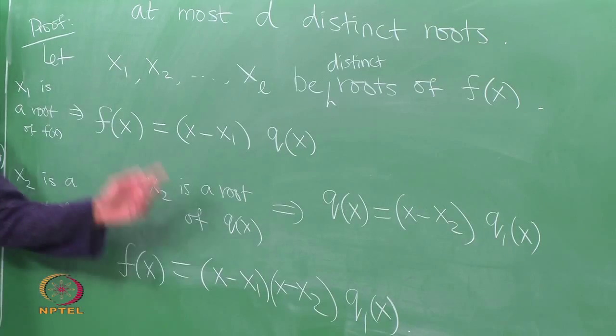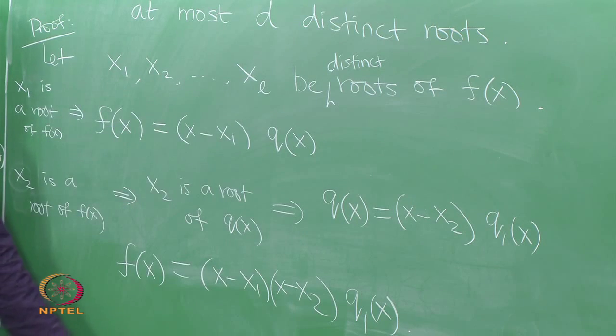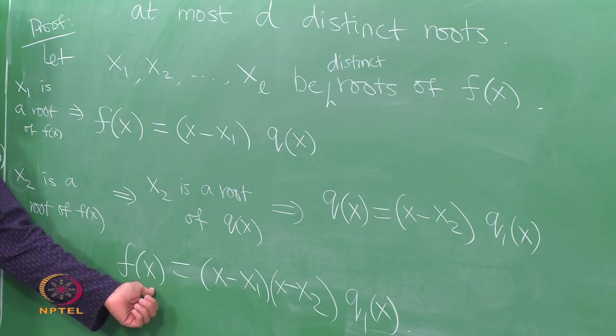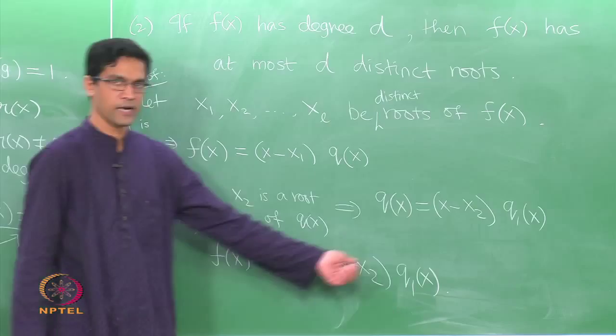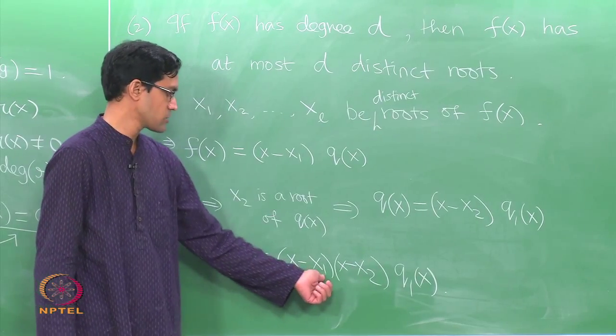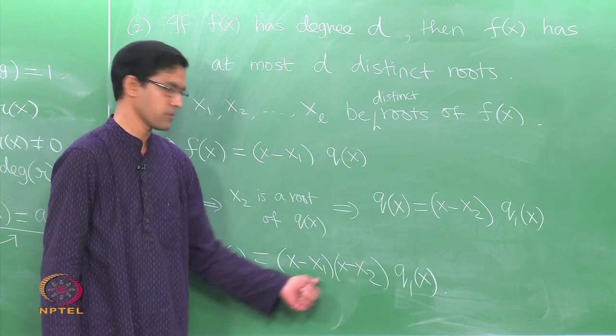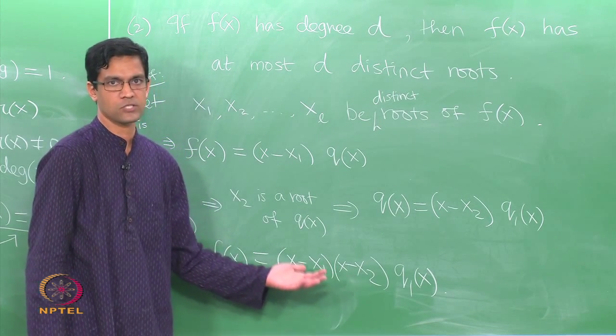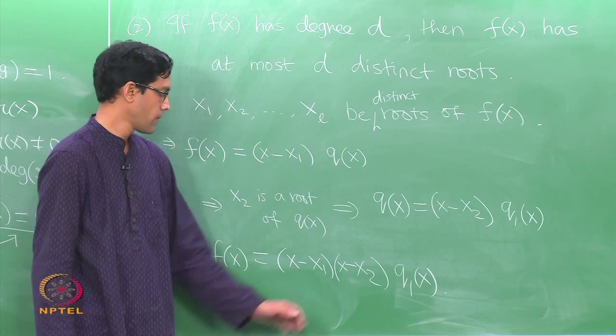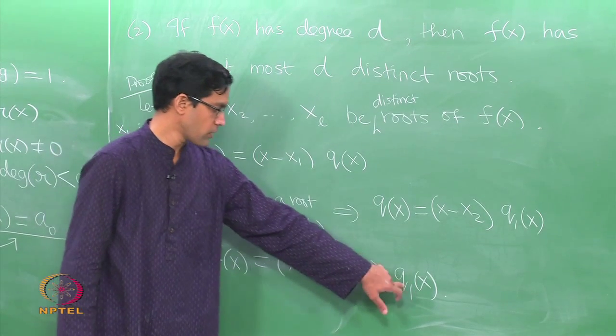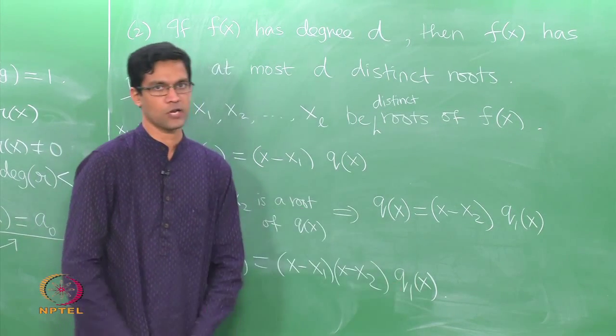Now again the same thing, I have a third root x3, I plug in the third root here, I get f of x3 is 0, I plug it into the right hand side, I get x3 minus x1 times x3 minus x2, both those are non-zero terms because x3 is not equal to x1, x3 is not equal to x2. So these two are non-zero, so therefore it must be q1 of x3 which is 0. Okay.